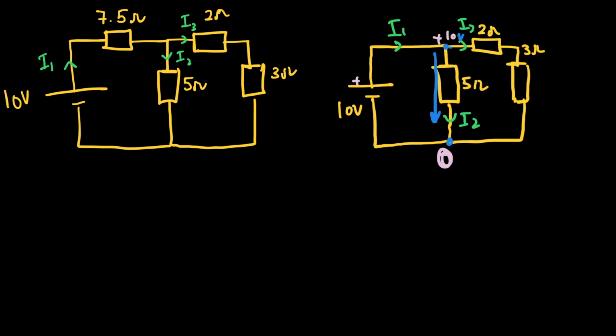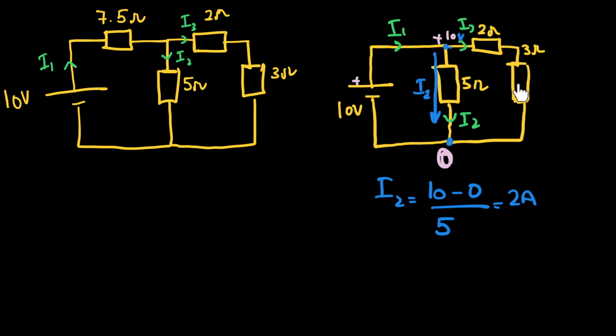So the current I1, let's say I1, the current that the name was already given, the current is I2. I2, the current that you get will be 10 minus 0. Why 10 minus 0? Because 5 के एक side पे 10 था, दूसरी side पे 0 था, so 10 minus 0. That's the potential difference divided by the resistance itself, which is 5. So the current is 2 ampere. I2 is 2 ampere.